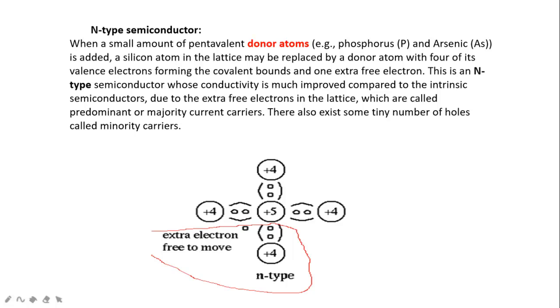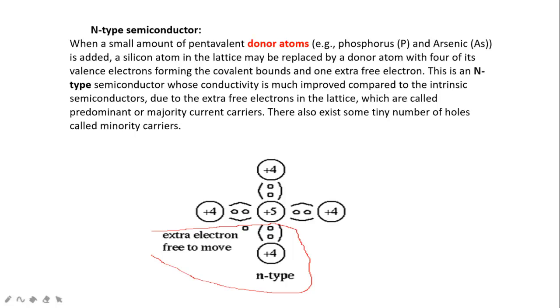Why N type? Because we will get one free electron, one extra electron to move, and the charge on an electron is negative. So this is N type. This is my trick to learn: N for negative. So an N type semiconductor is one in which there is an extra electron free to move.